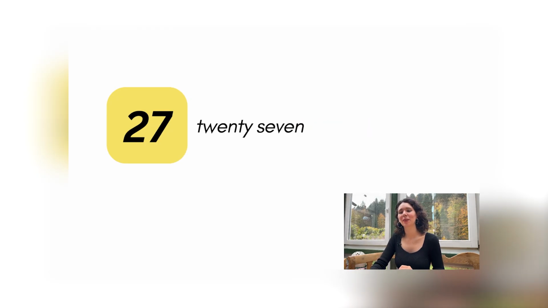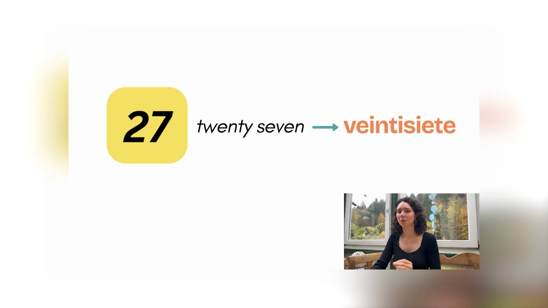Quince. Now 27. 27 in Spanish is veintisiete. Remember, the words are pushed together. It's like veinte y siete, but shorter.